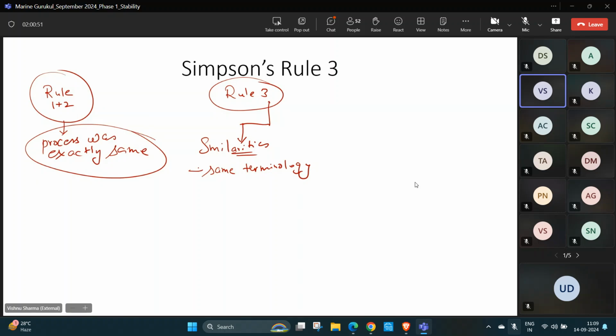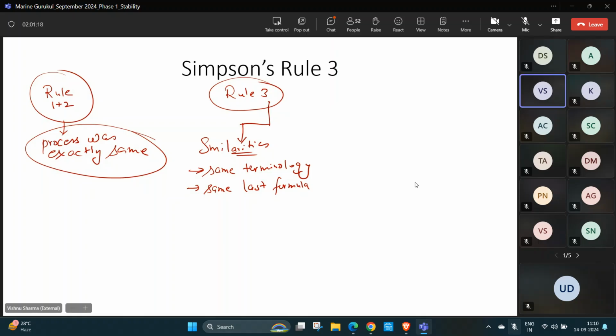Same terminology. And the last formula is the same: result equals coefficient into common interval into SOP. So same terminology, and the last step is the same as rules 1 and 2.